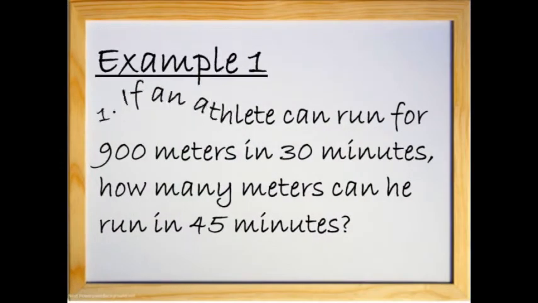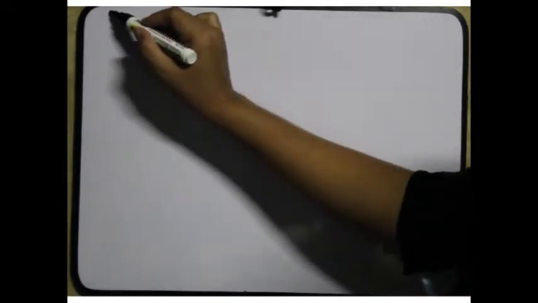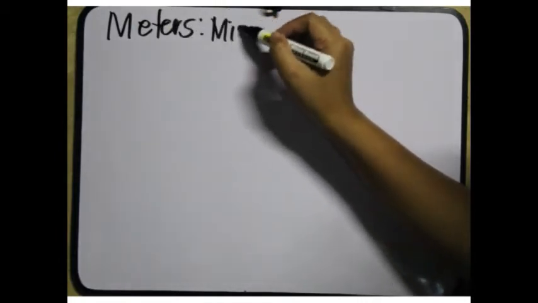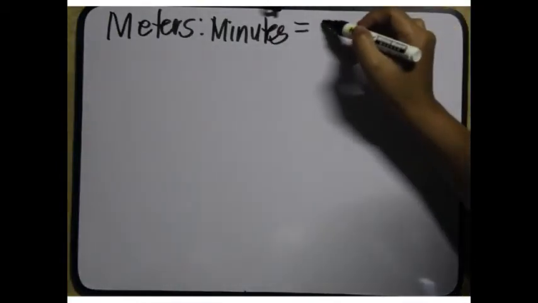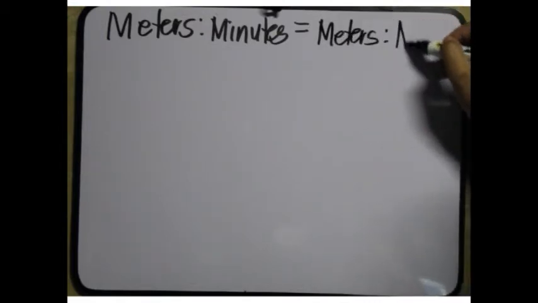For problem number 1, we have: if an athlete can run 900 meters in 30 minutes, how many meters can he run in 45 minutes? In direct proportion, our ratio here is meters is to minutes, equal to meters is to minutes.